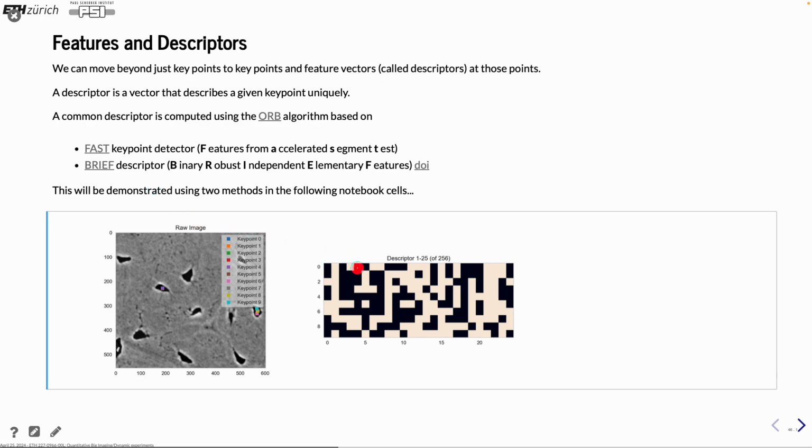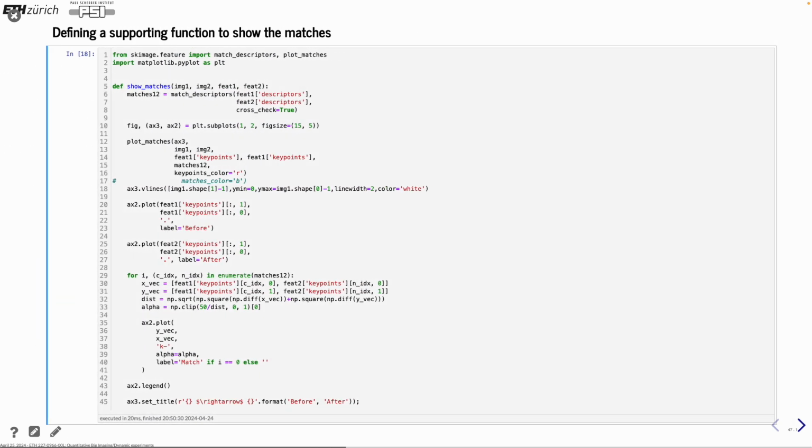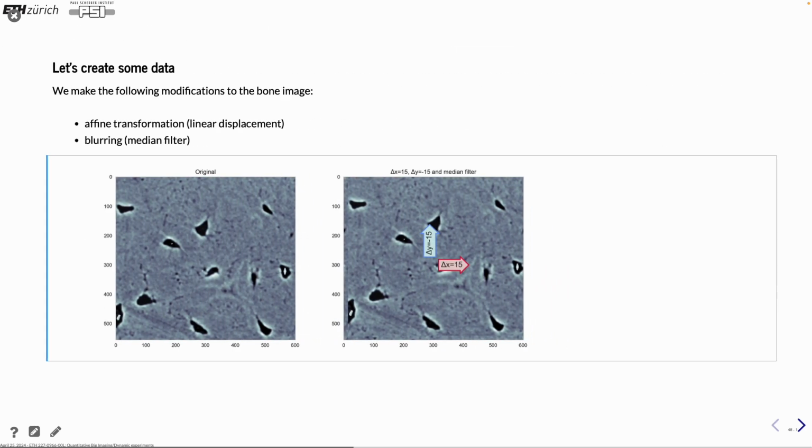And this binary code looks something like this. We have here different points and different bits of this code, and in this case 256 pixels were compared in the neighborhood. That produces quite some code to do this. I'm not going to go through much of that.